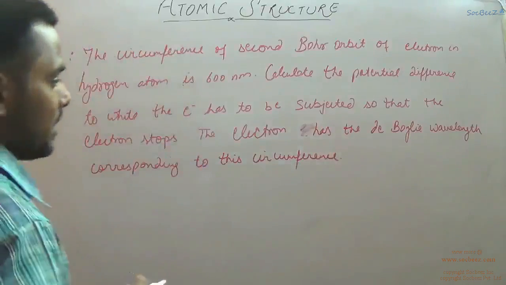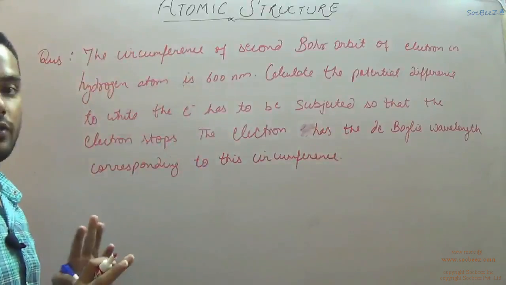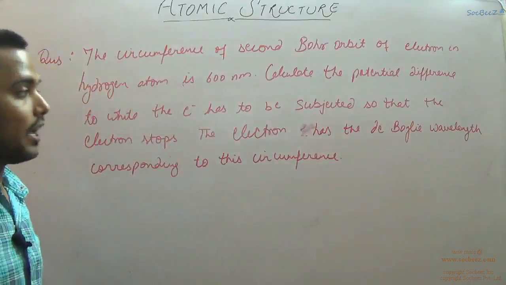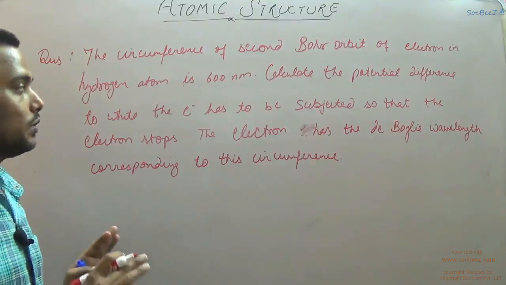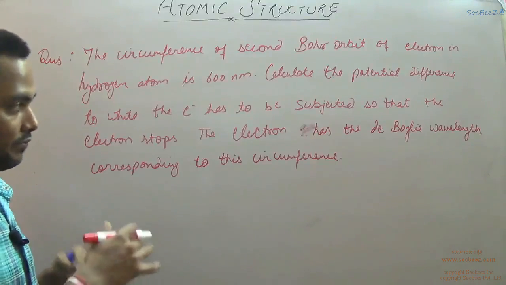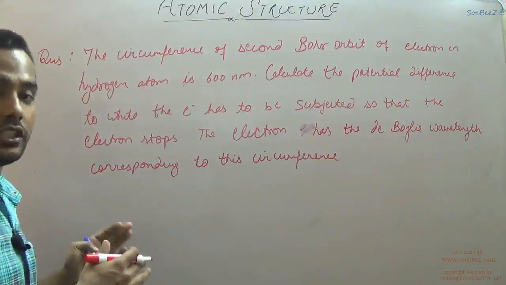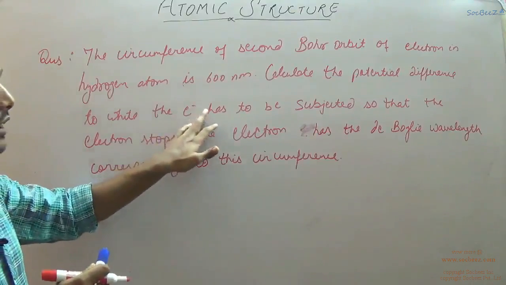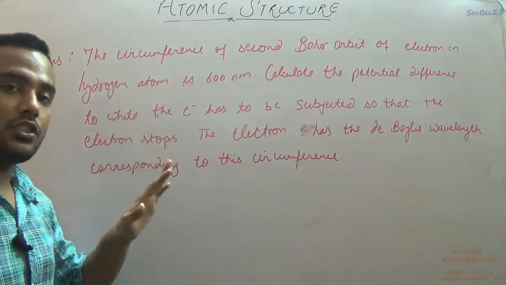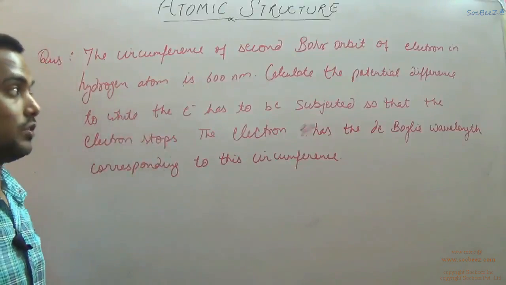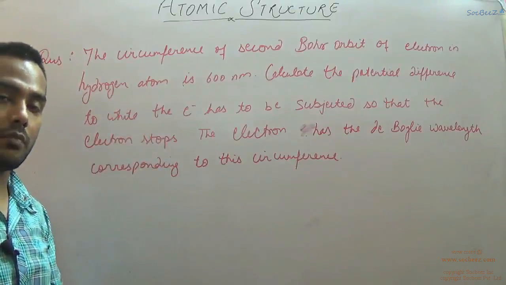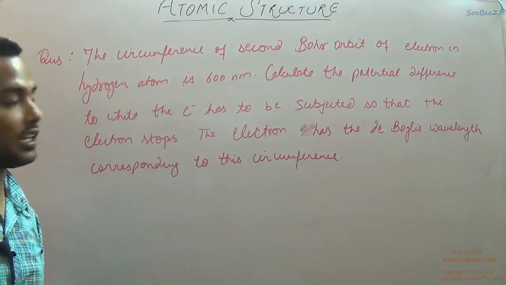Okay, so in this case, one thing that we need to do is calculate the total energy, and then apply some potential difference so that the electron stops. Now we need to just make the velocity of the electron 0. Since it has some kinetic energy, the potential difference must be applied corresponding to the kinetic energy of this particular electron.